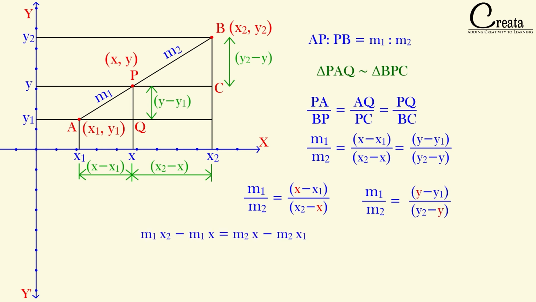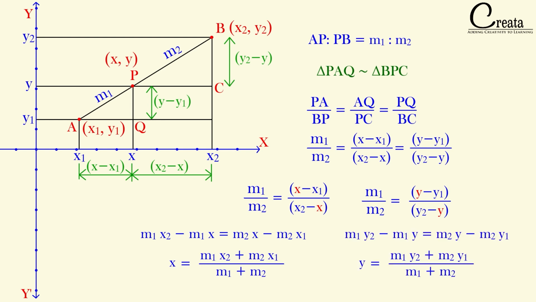Let's solve both of these equations separately, and we get the value of x as (m1x2 + m2x1) upon (m1 + m2). Similarly, we get y as (m1y2 + m2y1) upon (m1 + m2).